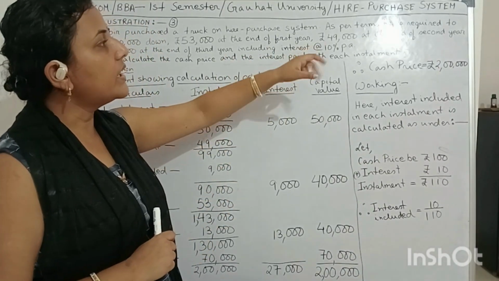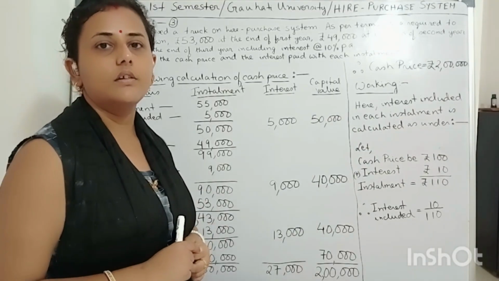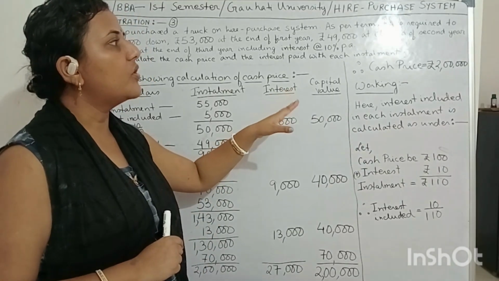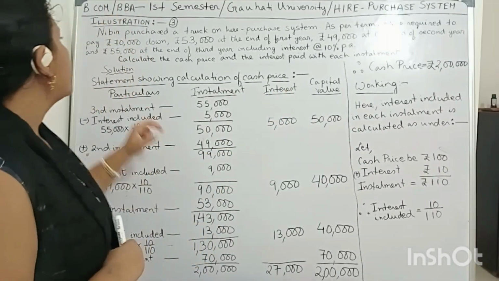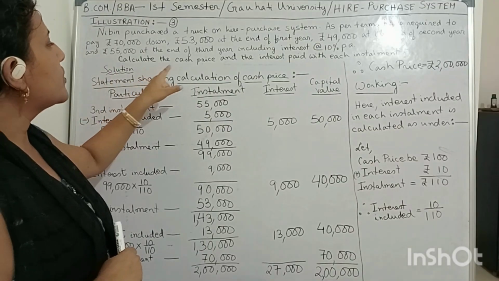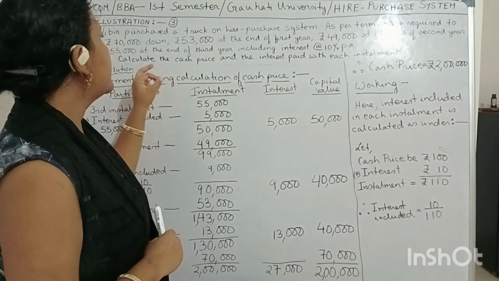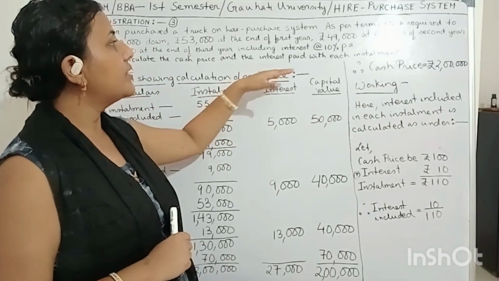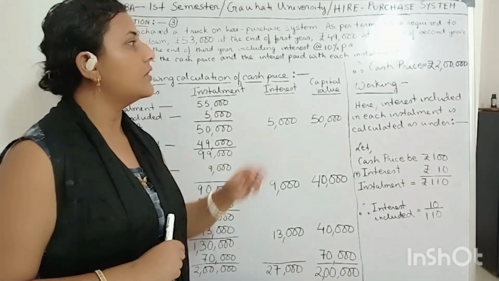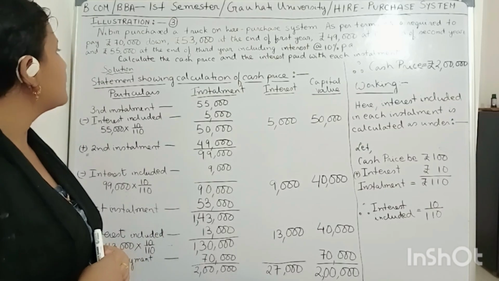Then rupees 49,000 at the end of second year, the second installment. And rupees 55,000 at the end of third year, which includes interest at the rate of 10% per annum.